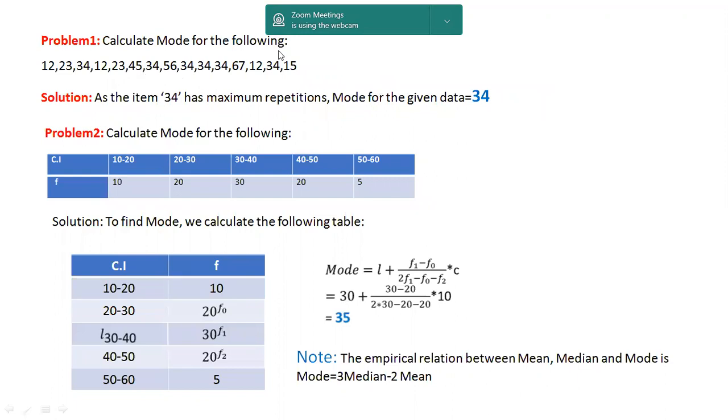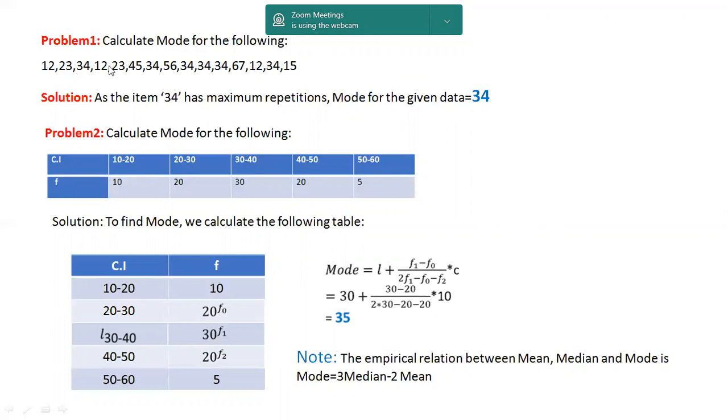In a simple way, if the series data is provided, the most frequently occurring term is taken as the mode. So here in the series 12, 23, 34, 12, 23, 45, 34, 56, 34, out of this series, the term whose frequency is more, that term we have to take as the mode.